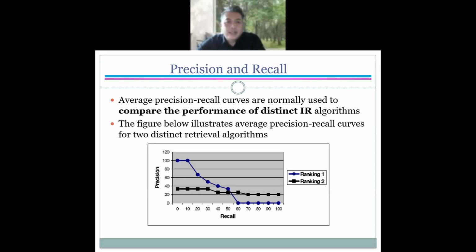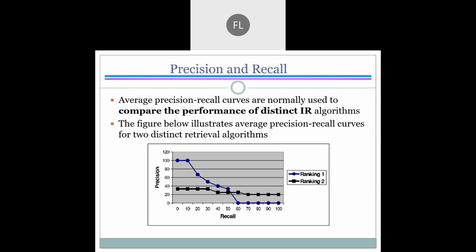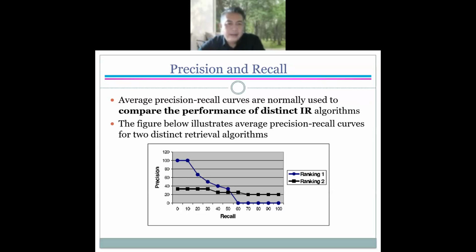Okay, so if I have these two kinds of ranking, the first one is the blue and the second one is the black one. Which one is better? Black. The black one. We never know until we compute the area under the curve. We cannot just say, based on the visualization, that black is better.